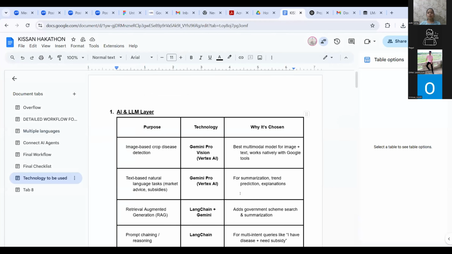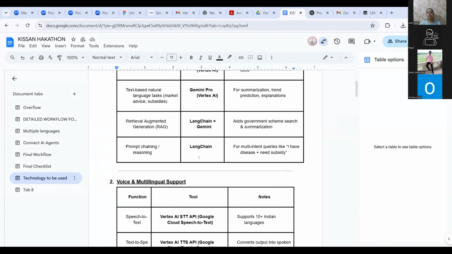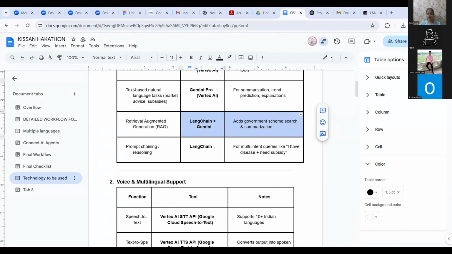So first we'll move on to the technologies that we are going to use. For AI and LLM, for example for image-based crop disease detection, we are going to use the Gemini Pro version. Apart from that, for text-based natural language tasks, we are again going to use this. For RAG, we are going to use LangChain plus Gemini.